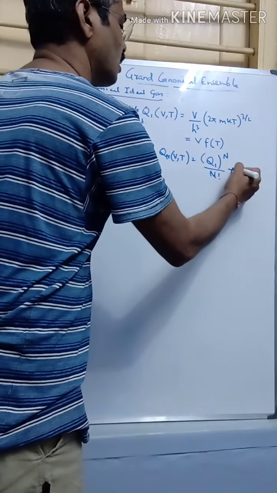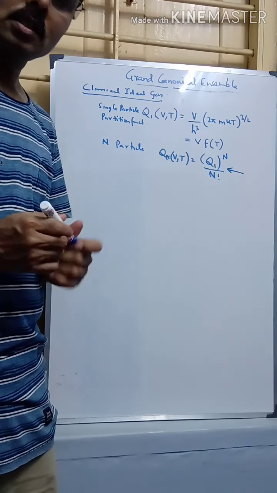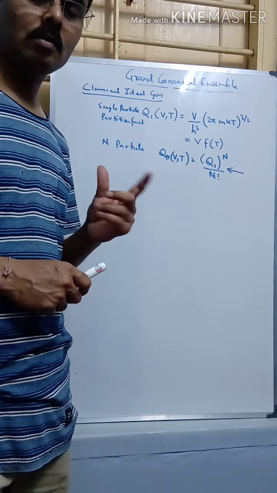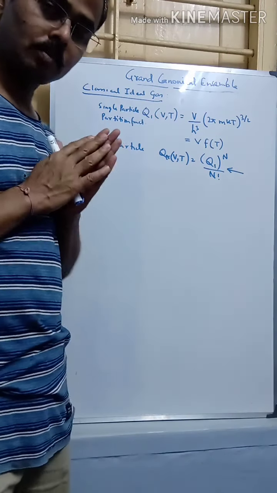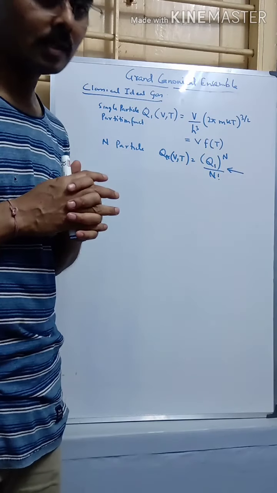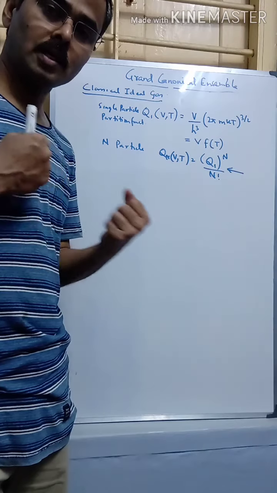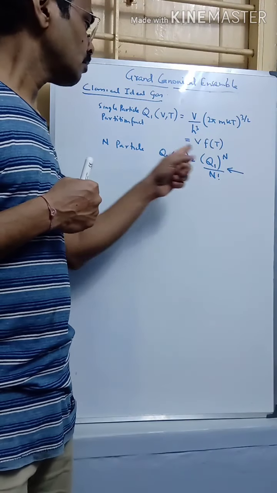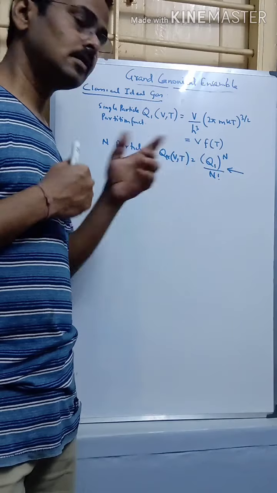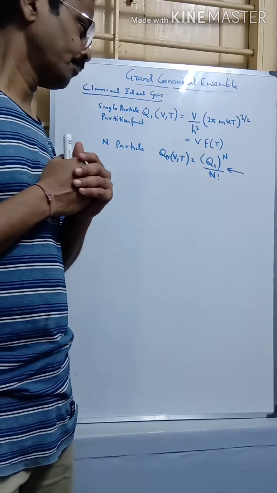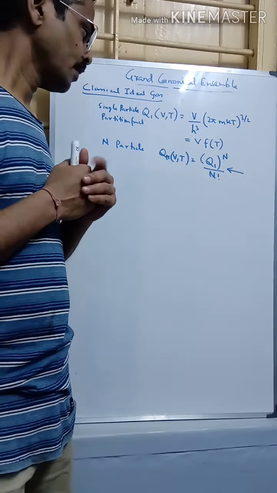Now this particular relation doesn't restrict in any way the presence of the interaction between the particles, which is absent in the case of classical ideal gas. And if there happen to be any kind of particle-particle interaction, that must be reflected in this q1.